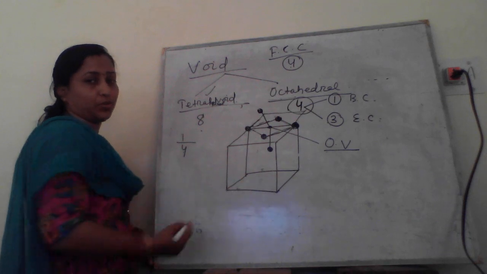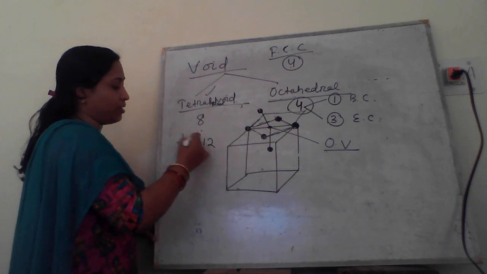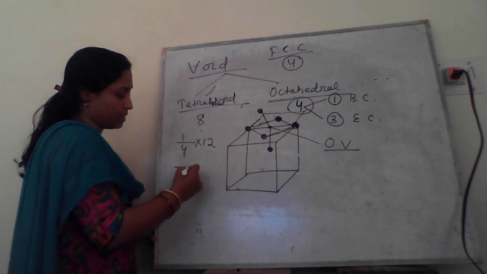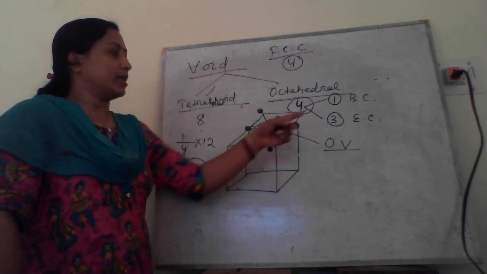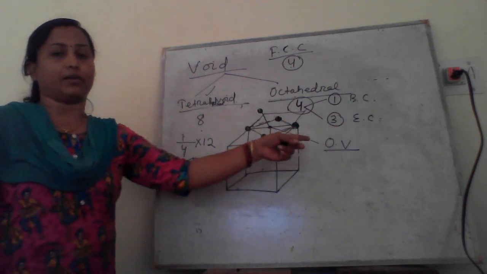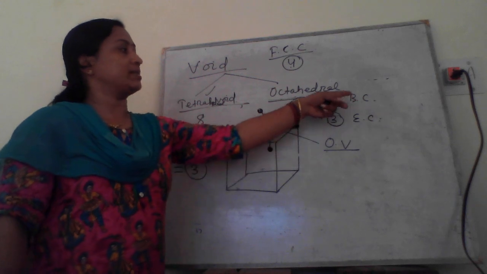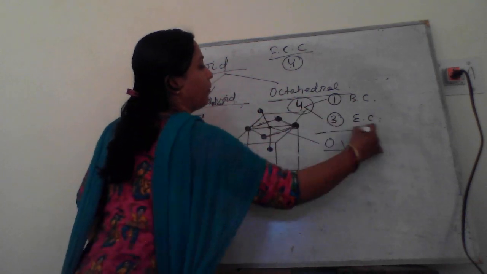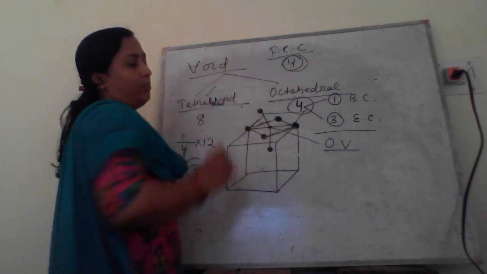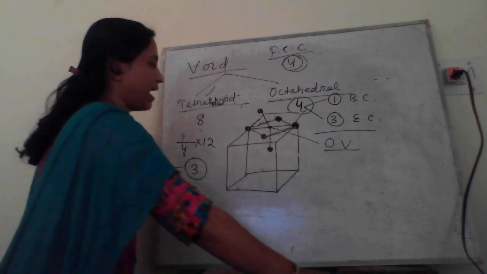We know there are 12 edges. So the total contribution of the 12 edges is 1/4 into 12, which is equal to 3. So there are a total of 3 edge center octahedral voids and 1 body center octahedral void. So in total there are 4 octahedral voids, and the tetrahedral voids are 8.